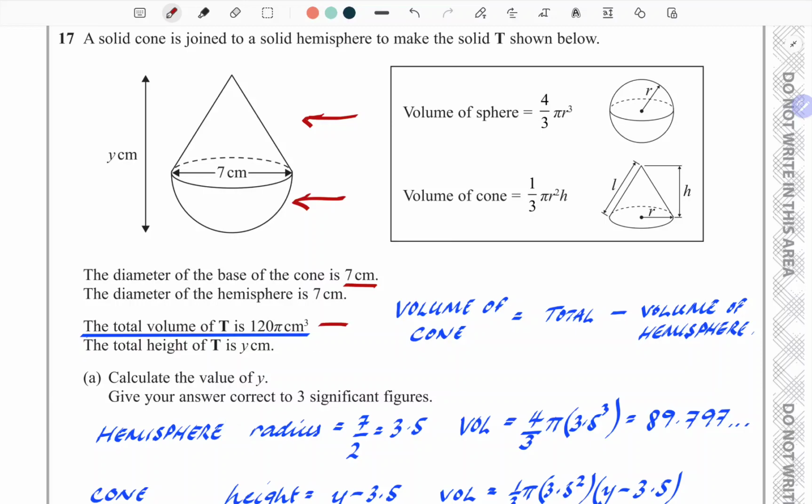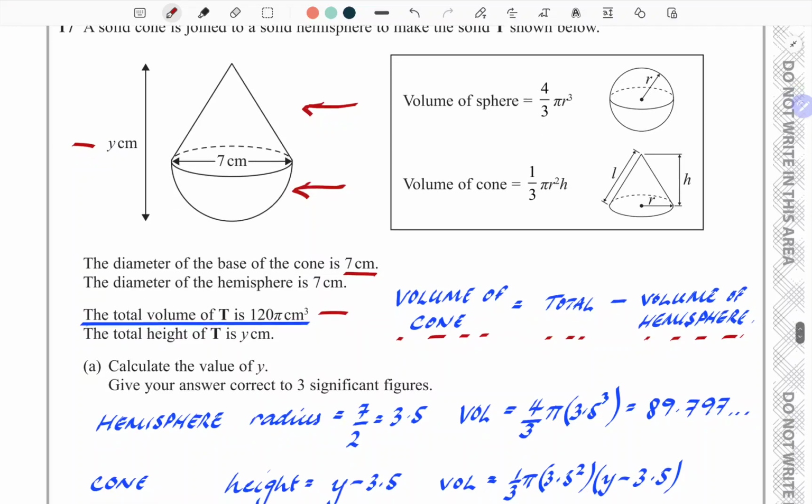And the total height, as in the diagram, is y, from the base all the way through to the top of the cone. One thing we need to understand is that the volume of the cone on its own must be the total volume minus the volume of the hemisphere. So we're going to use that as the way to solve this particular question.